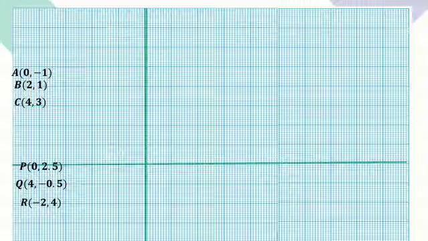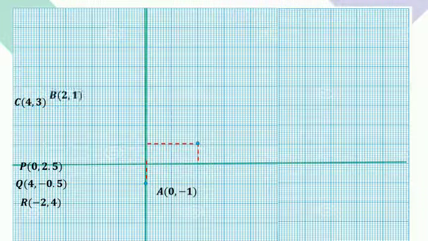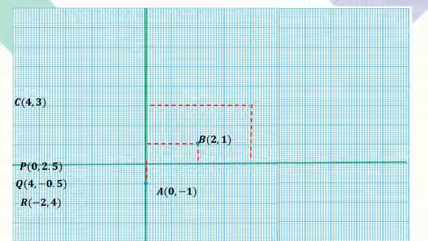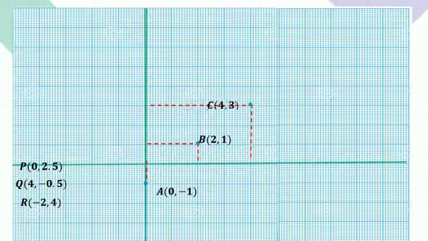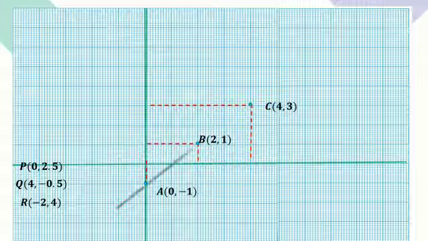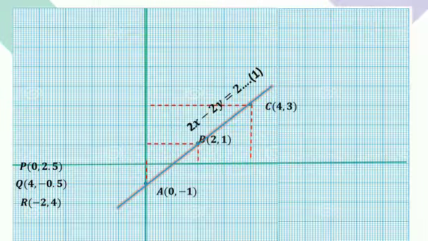Let us plot the point A first. This is the point 0, minus 1, then 2, 1, then 4, 3, which is named as C. Join the points by a straight line. Name the straight line 2x minus 2y is equal to 2.